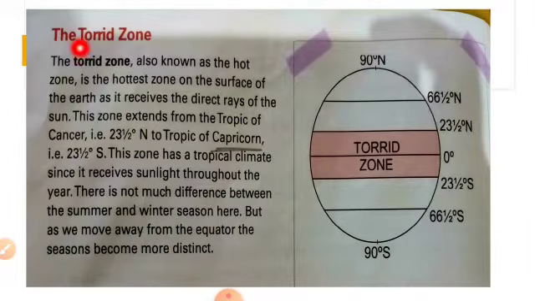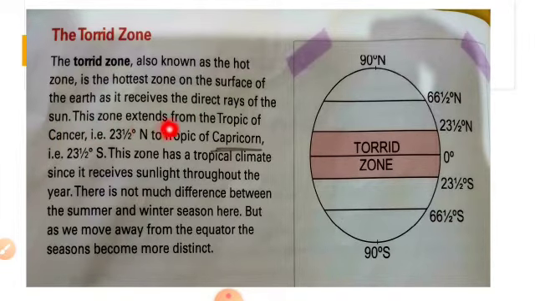The first one is the torrid zone, also known as the hot zone. Children, if you have a pencil, underline the words hot zone. The torrid zone is the hottest zone on the surface of the earth as it receives the direct rays from the sun.